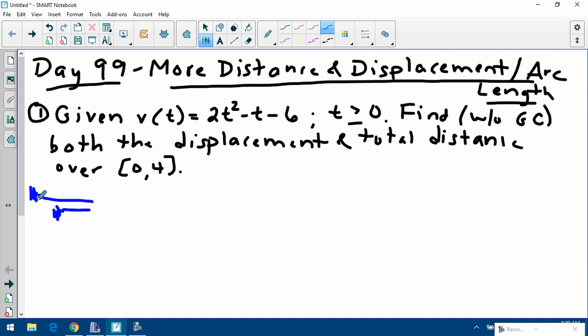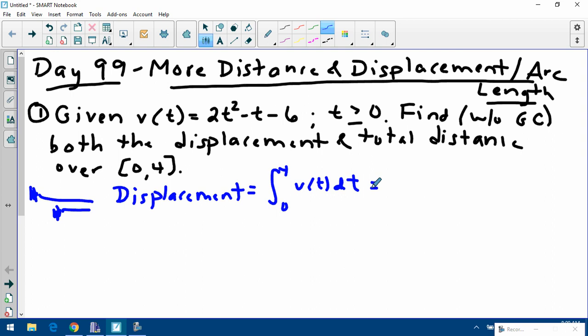Okay, well, since velocity is the derivative of position, that means displacement always equals the integral over your interval from 0 to 4 of velocity. And we talked about before break, integral of velocity is position. So this is essentially finding the position at 4 minus the position at 0, which is exactly what we want for displacement. Position at the end minus position at the start, how far you ended from where you began.